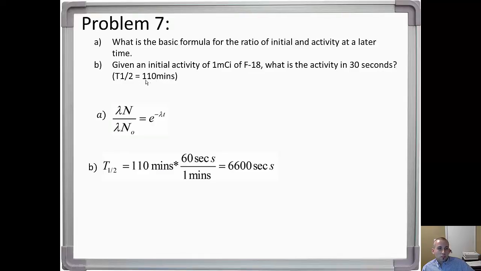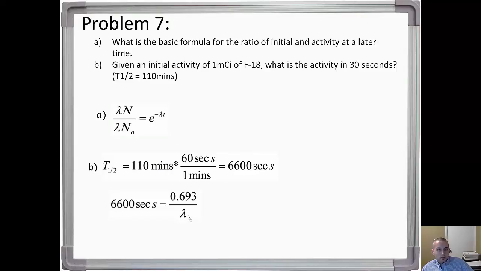So first thing I'm going to want to do is convert to seconds, just so these things will match up when I put it in there. Convert to seconds. Okay, 110 minutes, 60 seconds a minute, and I get 6,600 seconds.